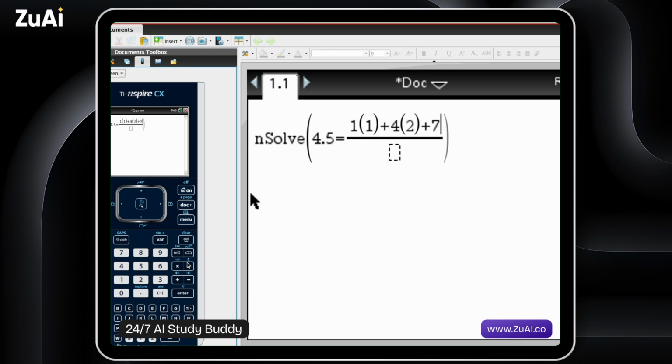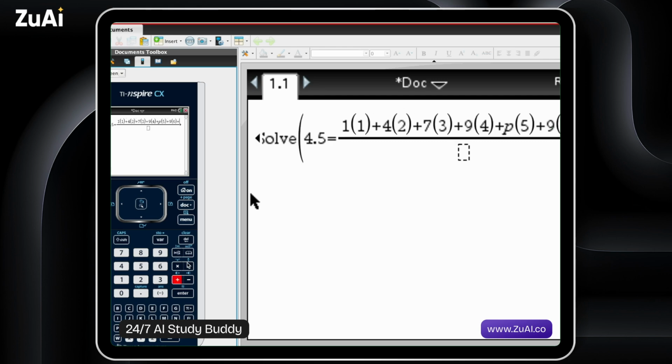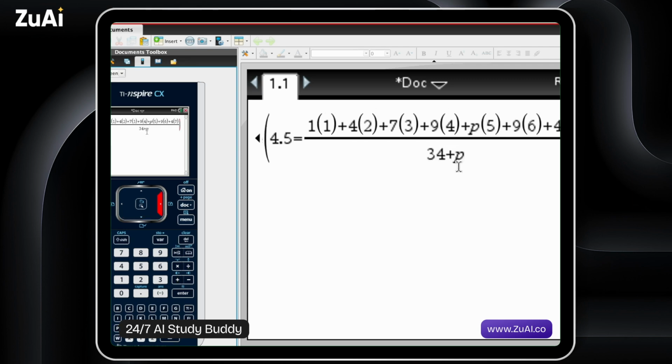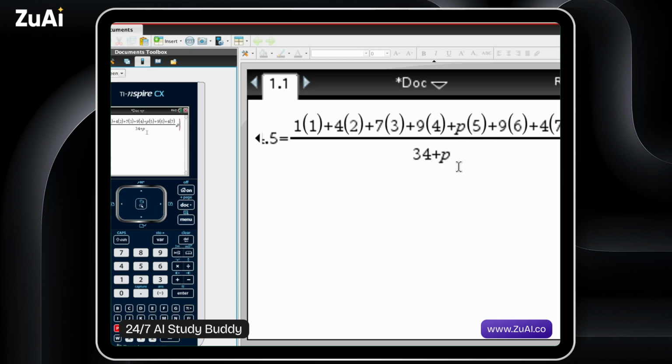Just because there's so much to type in, I'd be cautious about double checking as well, making sure that everything is okay. And we'll put P here, plus 9 students who received a grade of 6, plus 4 students who received a grade of 7. All right, and then we have at the bottom 34 students, total number of students, which is represented by 34 plus P. Ask the calculator to solve for P.